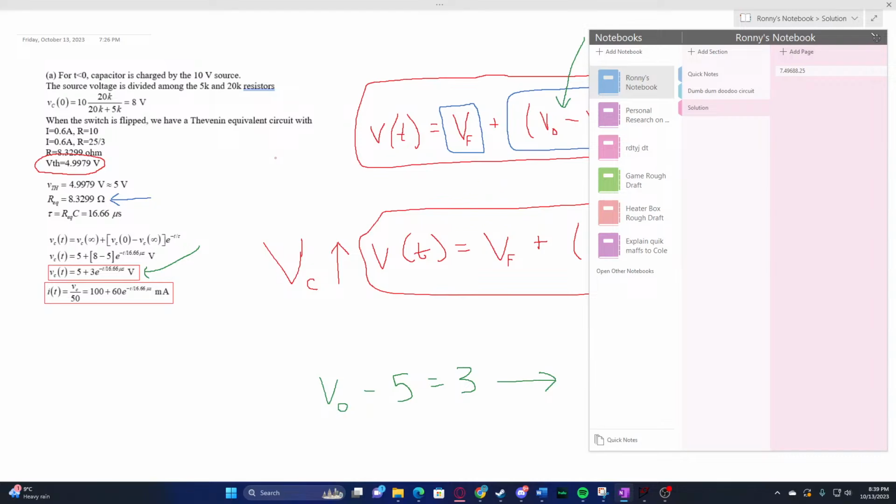Did they accidentally add, like... No, okay. They didn't add those together. Yeah, I'm kind of at a loss. This one's definitely strange.